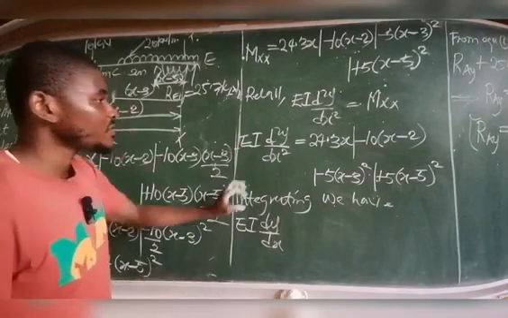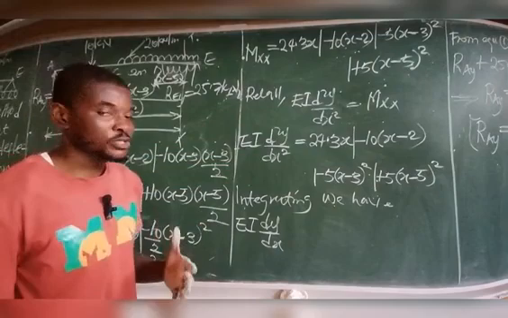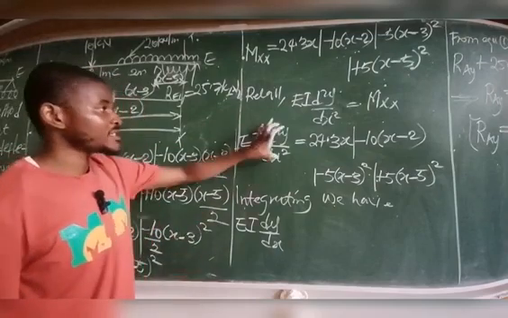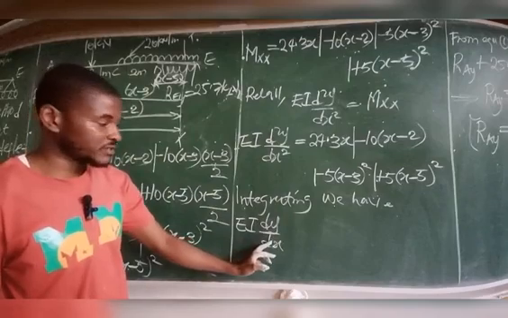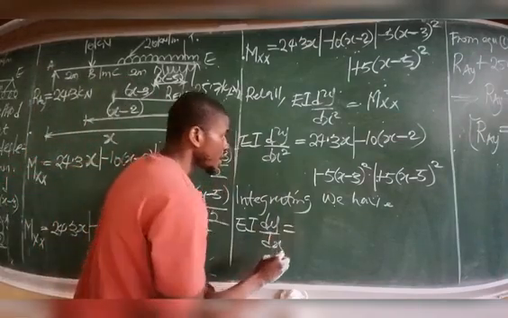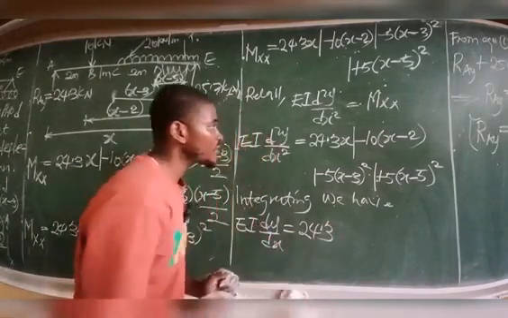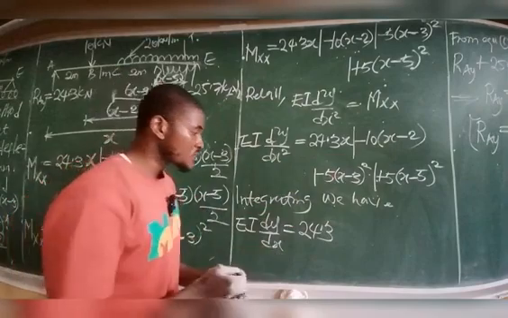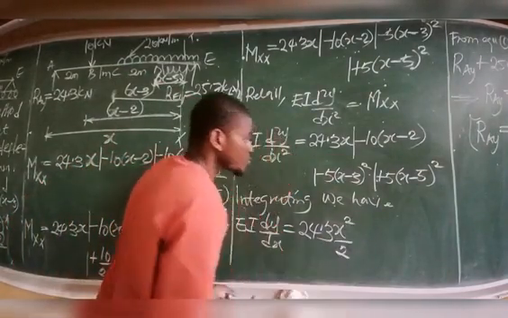Of course, if I integrate d²y/dx², remember integration is the direct opposite of differentiation, so I reduce it down to the first order derivative, dy/dx. And this is now equal to 24.3. Now if I integrate x here, I will simply have x squared all over 2.